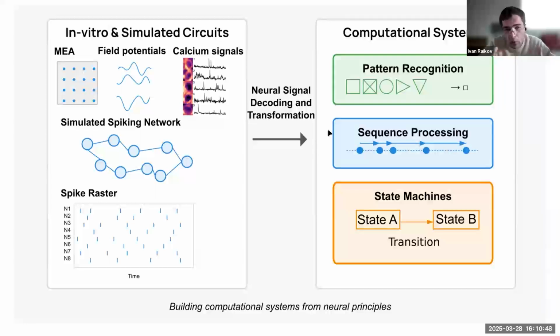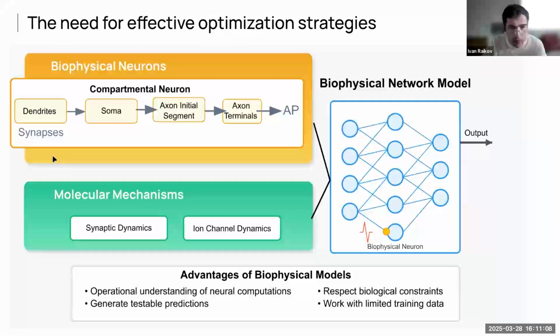We hope that with primitives such as pattern recognition and sequence processing, we might be able to build logic such as state machines and similar, which are the building blocks of computation.